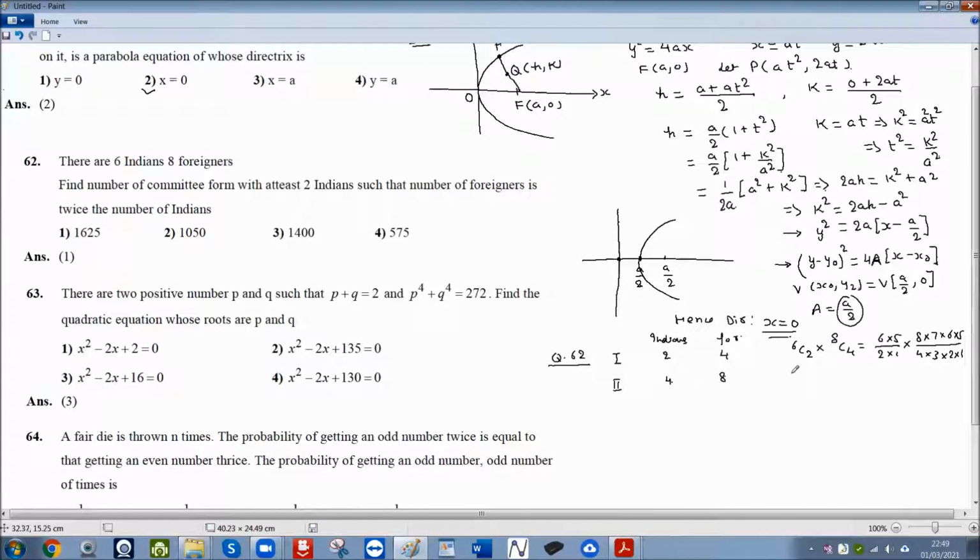In this case, 6C4 into 8C8. 6C4 will be same as 6C2. 8C8 will be 1.